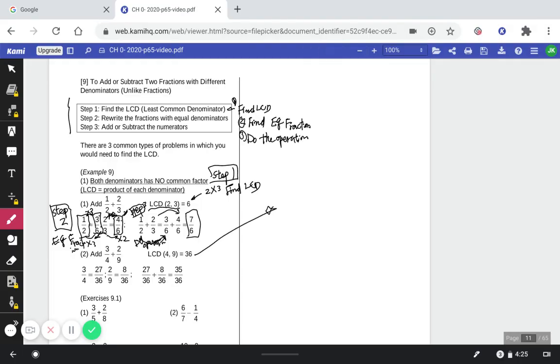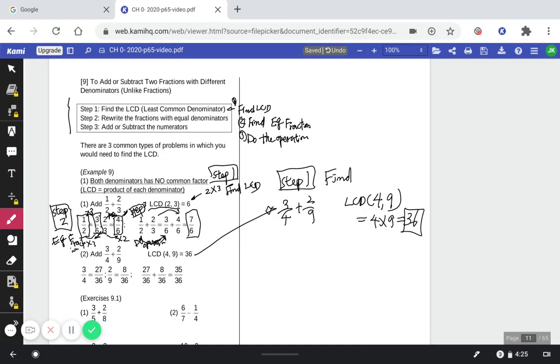So now the second example, let's say you have 3/4 plus 2/9. So the LCD of 4 and 9, again, 4 and 9 do not have a common factor. So that becomes 4 times 9, which is 36. So that's step 1. Step 1, you find the LCD. Now step 2, you have to find the equal value fraction with the LCD.